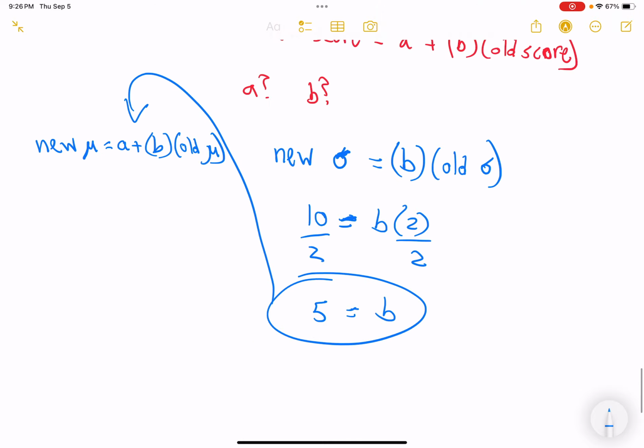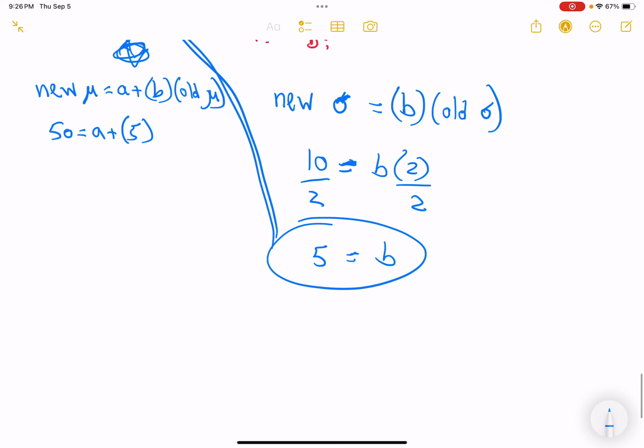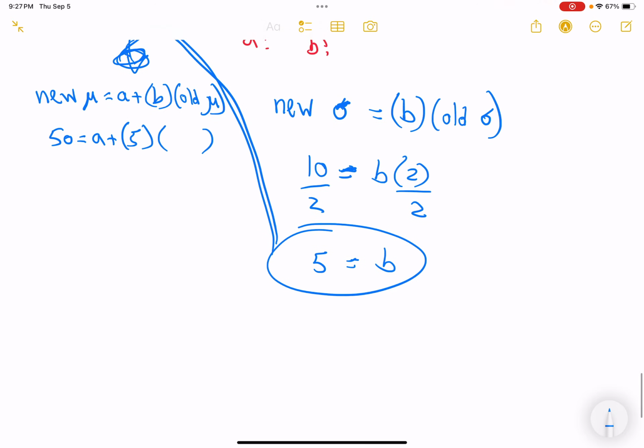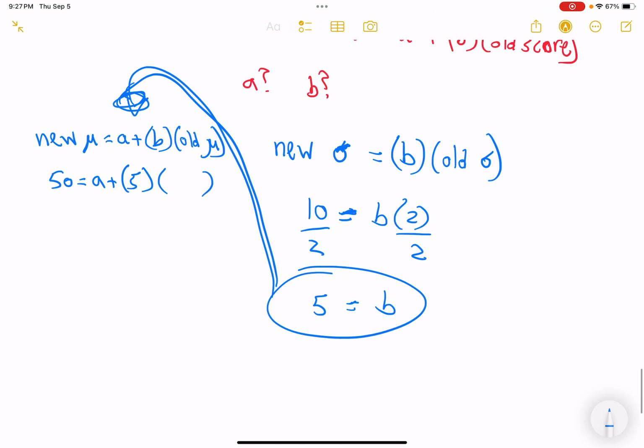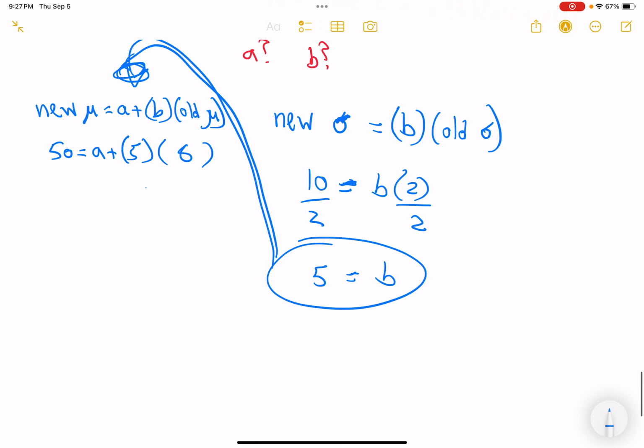That one is actually 50. So 50 equals A, which we don't know yet, plus B, which we have now as 5. It's this guy over here that we brought on over. And then we have our old mean, which is 8. So 8 times 5 is 40. We have 40 plus A equals 50. And then we just subtract 40 from both sides.